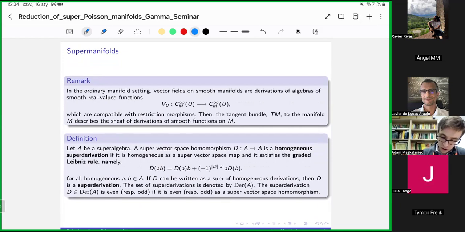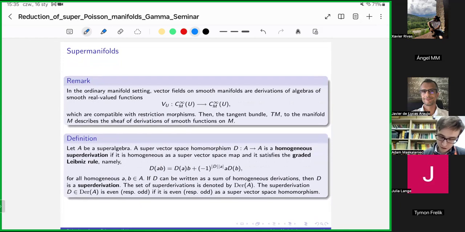To perform Poisson reduction in the Poisson supermanifold setting, we also need to introduce supervector fields. Again, we turn to the algebraic formulation, and we observe that on smooth manifolds, vector fields correspond exactly to derivations of the ring of smooth functions.